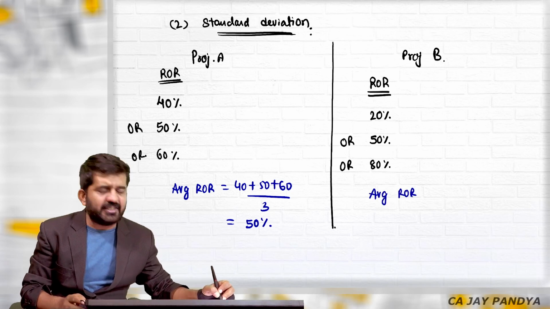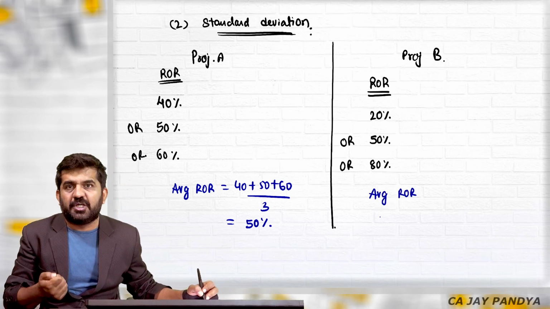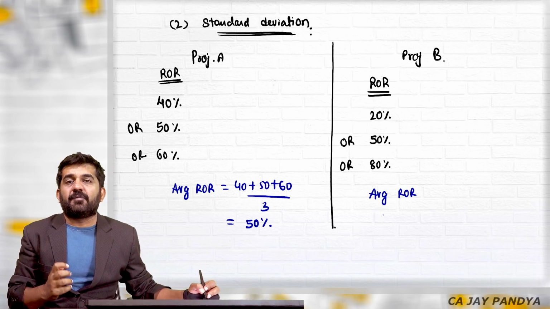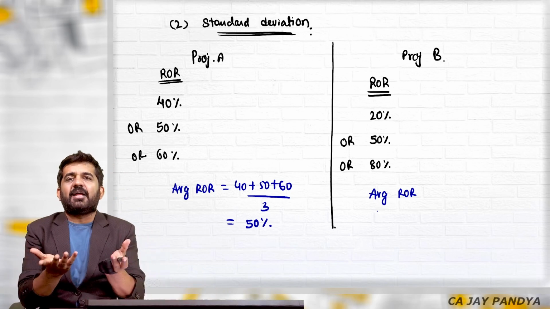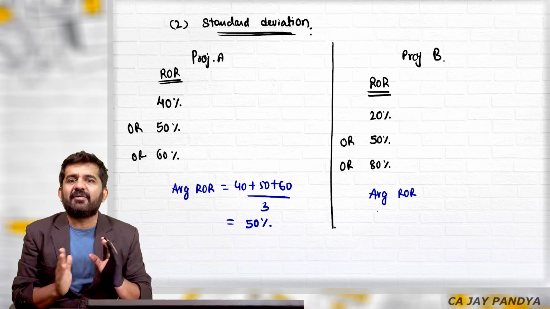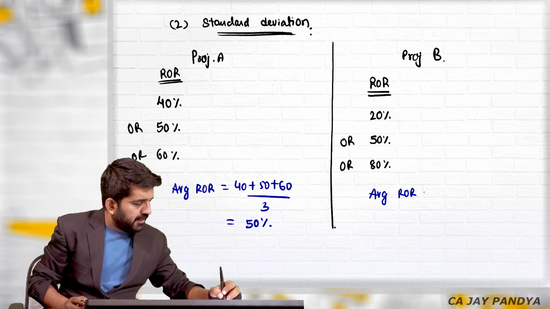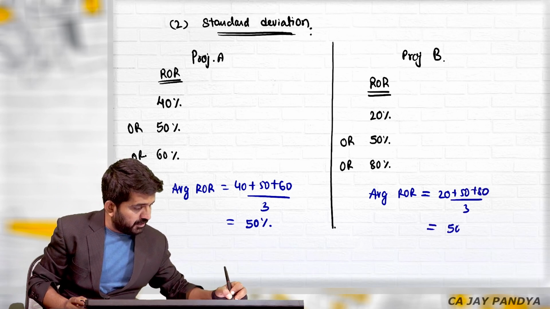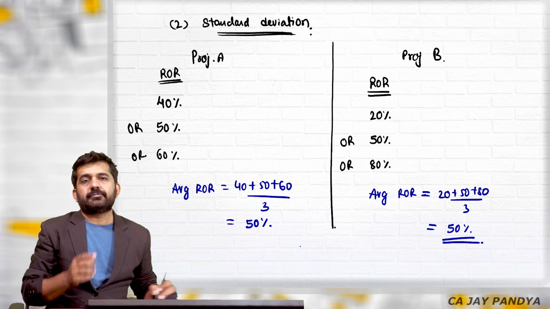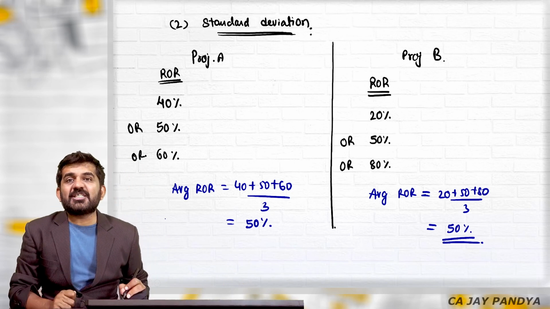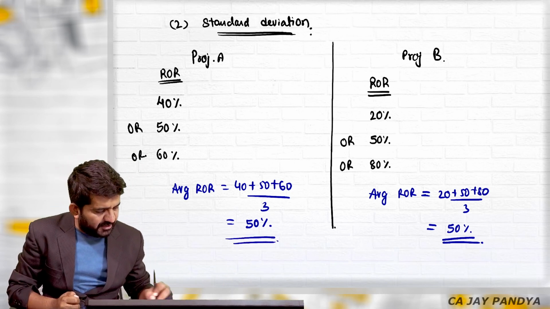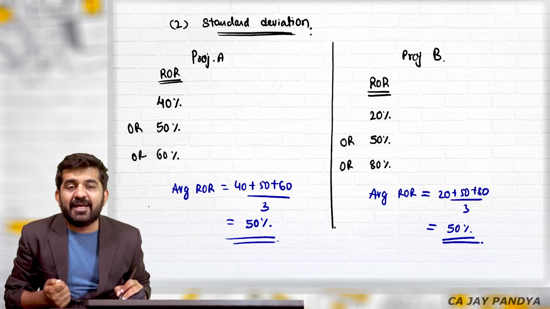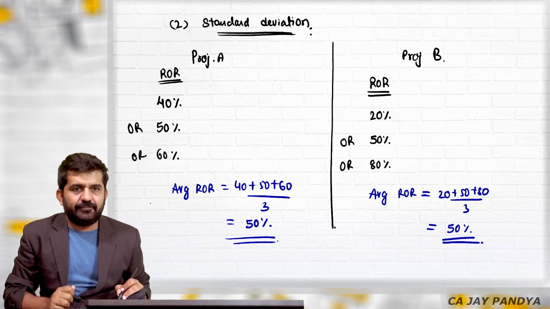If there are weights, you need to find out a weighted average. If there is probability, you need to find out expected value. Expected value is nothing but weighted average, where weight is taken as probability. Average rate of return will be 20 plus 50 plus 80 divided by 3, which is nothing but 50%. So the expected average rate of return in project A as well as project B is the same.